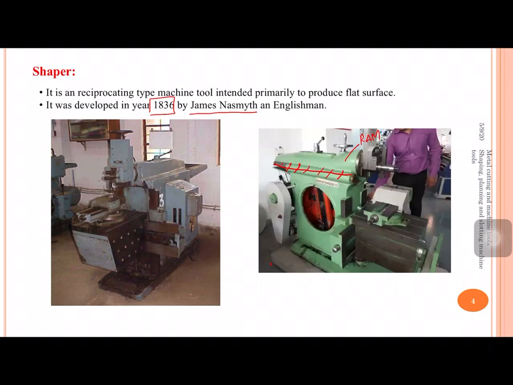Once the forward stroke is completed, then by using some kinematic mechanism, the spur gear or the pinion will be automatically rotated in the reverse direction, so that you get the reverse stroke or backward stroke.